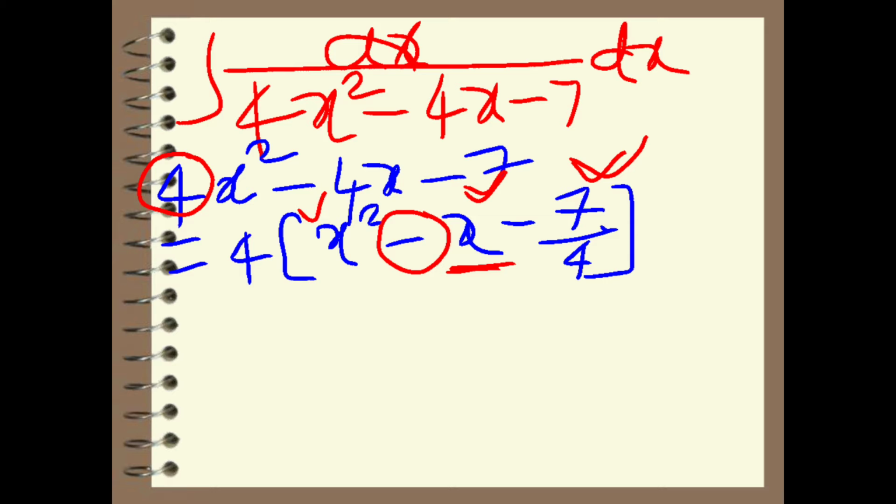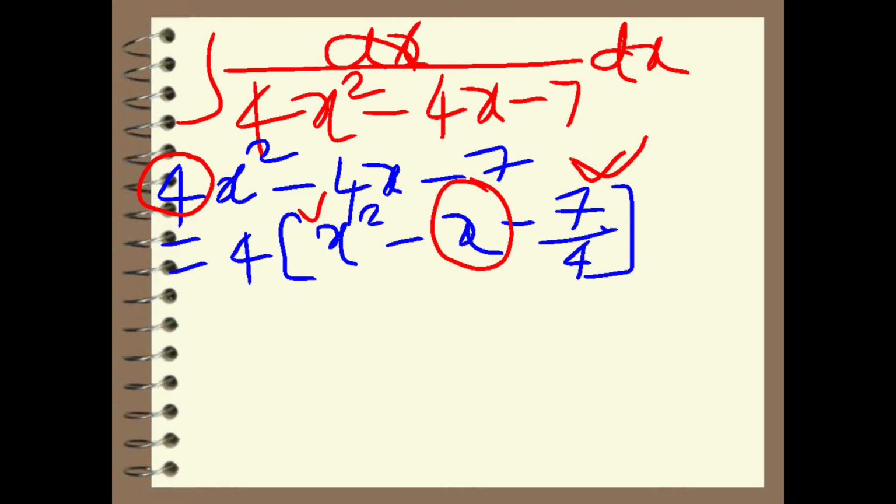To convert it into that form, we have to compare the expression with a minus b whole square. For that we have to add and subtract b square. So to add and subtract b square, the linear term must have the coefficient 2.